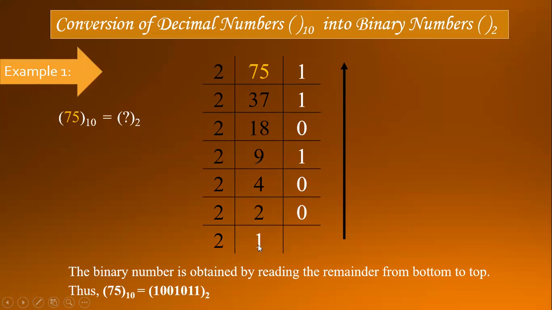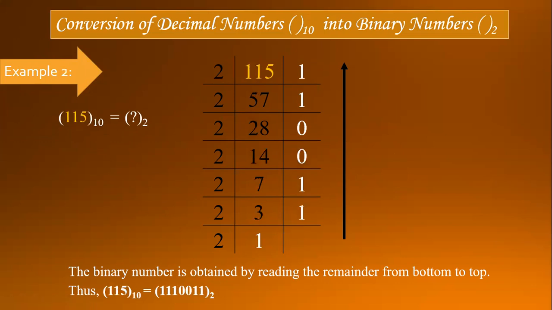So the remainder which we are getting is 1001011. What is the equivalent number of 75? The equivalent number is 1001011.